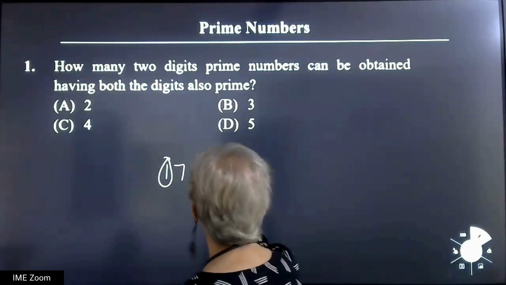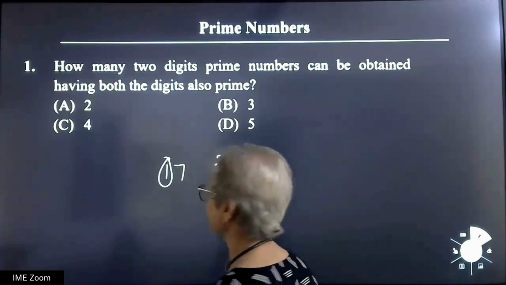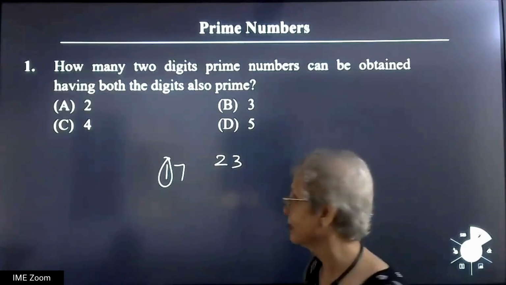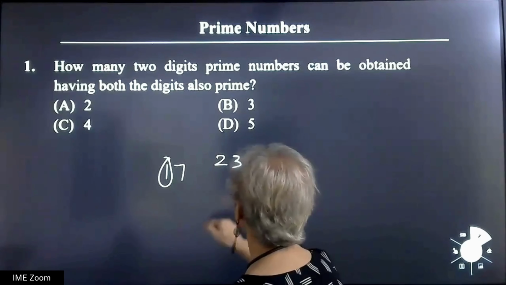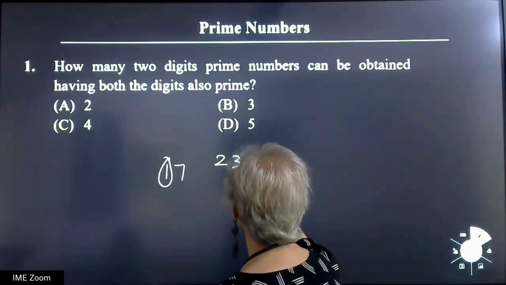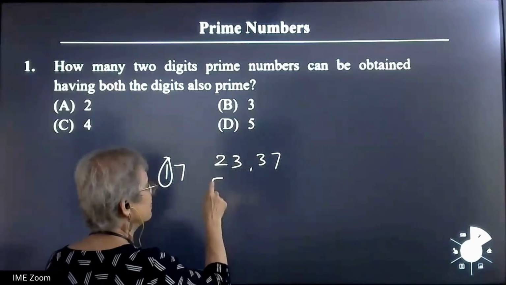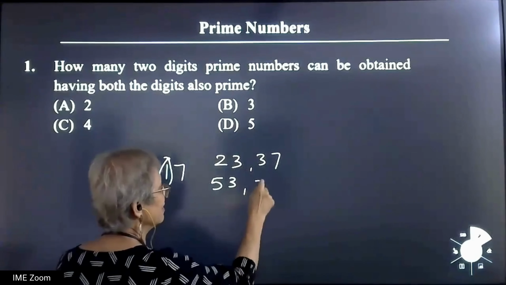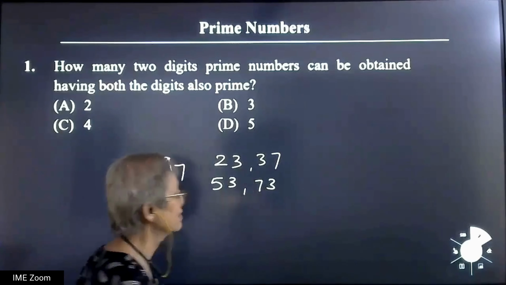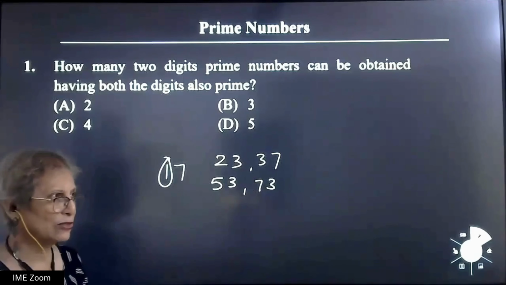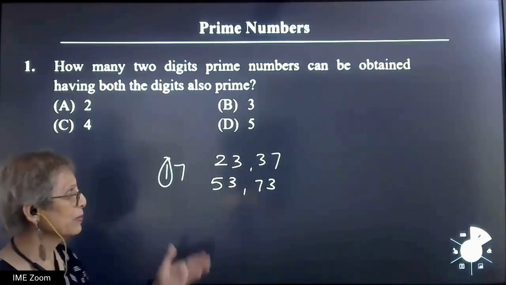And then comes first number 23, which has both the digits prime, right? Then next is 37, then 53 and 73, right? Now think of others. Can you see any? It is very simple.